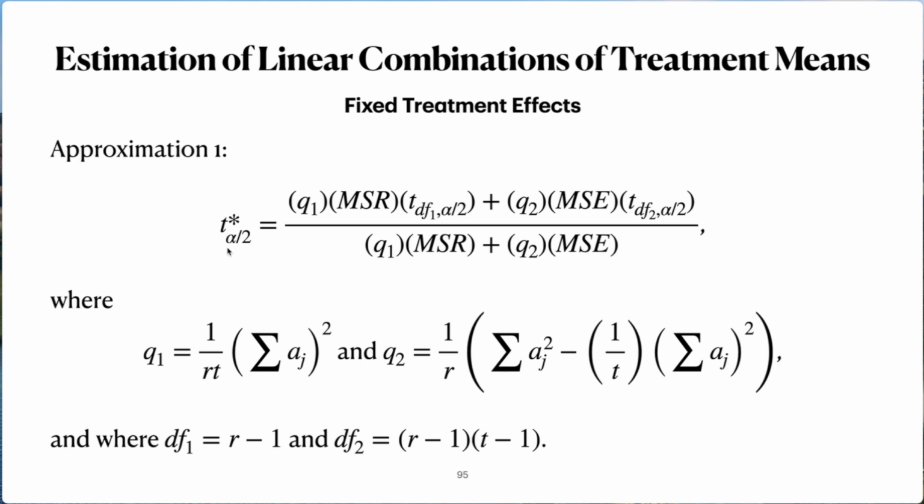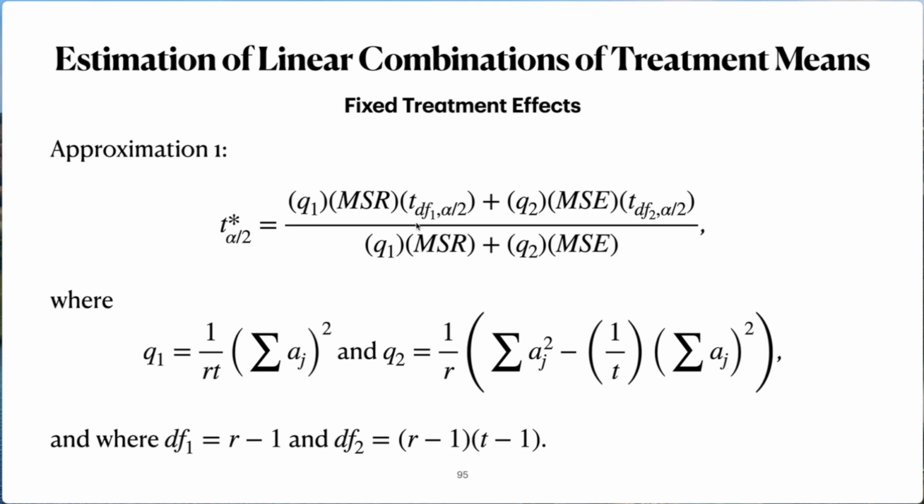It's an approximated upper alpha over 2 percentage point, because again, we don't know the true degrees of freedom. Notice that we've got the mean square for blocks involved, and we have the mean square error involved. Notice also that we've got two known t-values.